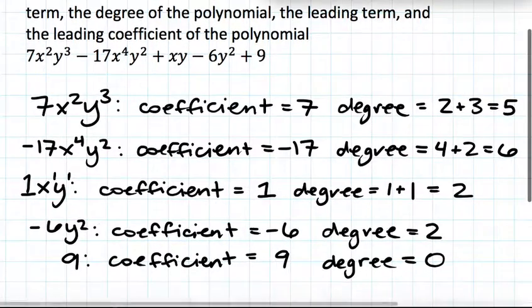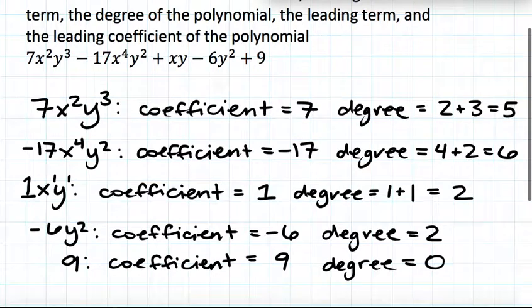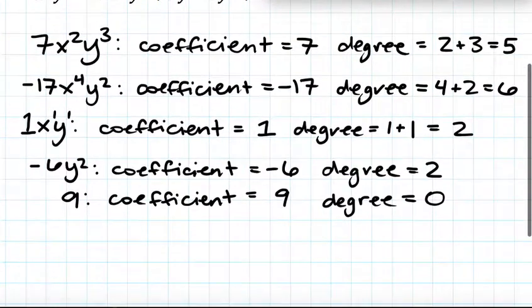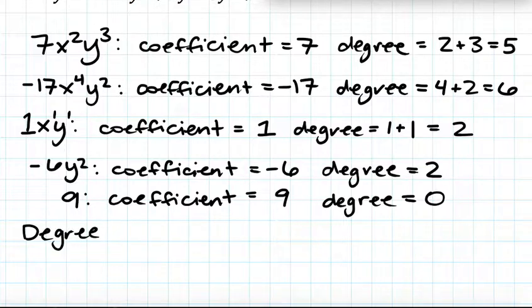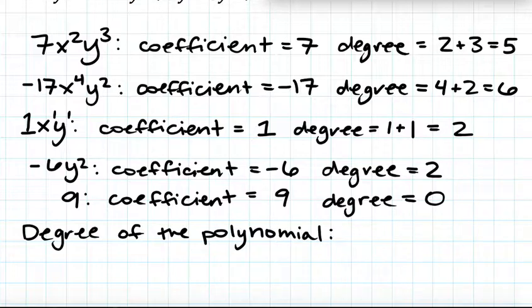My last 3 parts here are the degree of the polynomial, the leading term, and the leading coefficient. So degree of the polynomial, I would look through all of the degrees that I found and find which one is the biggest. So I see I have 5, 6, 2, 2, and 0. So out of those, 6 is the largest. So my degree of the polynomial is 6.